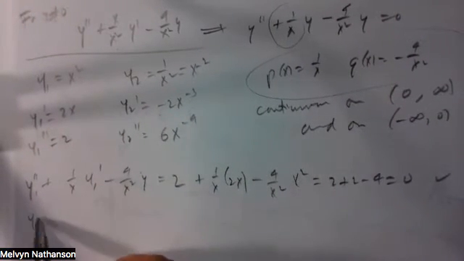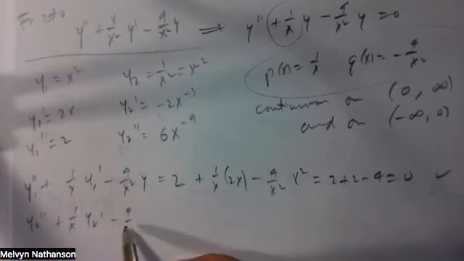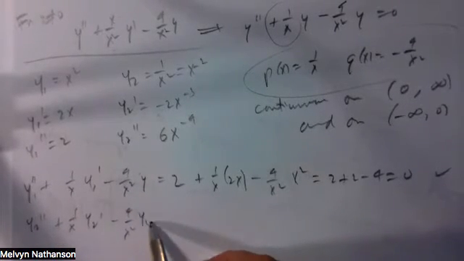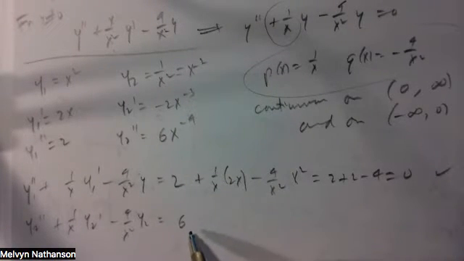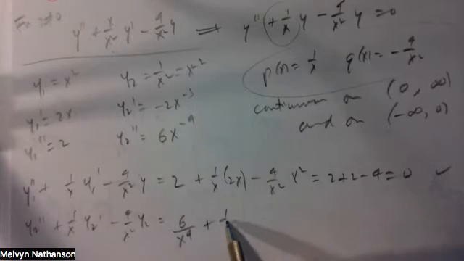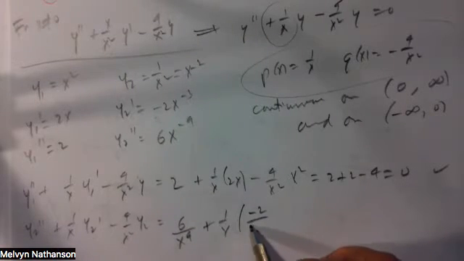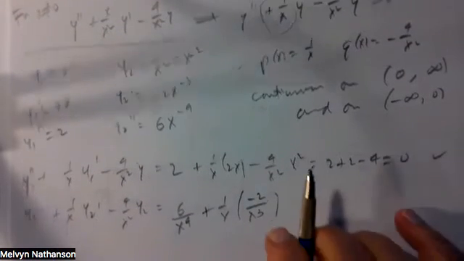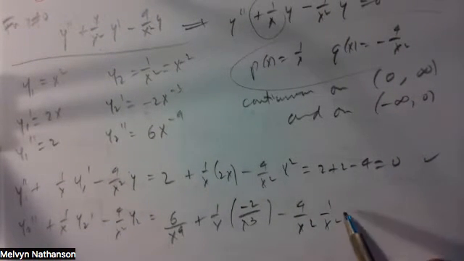So if we calculate y2 double prime plus 1 over x y2 prime minus 4 over x squared y2: y2 double prime is 6 over x to the 4th, plus 1 over x times y2 prime, which is minus 2 over x cubed, minus 4 over x squared times y2, which is 1 over x squared.